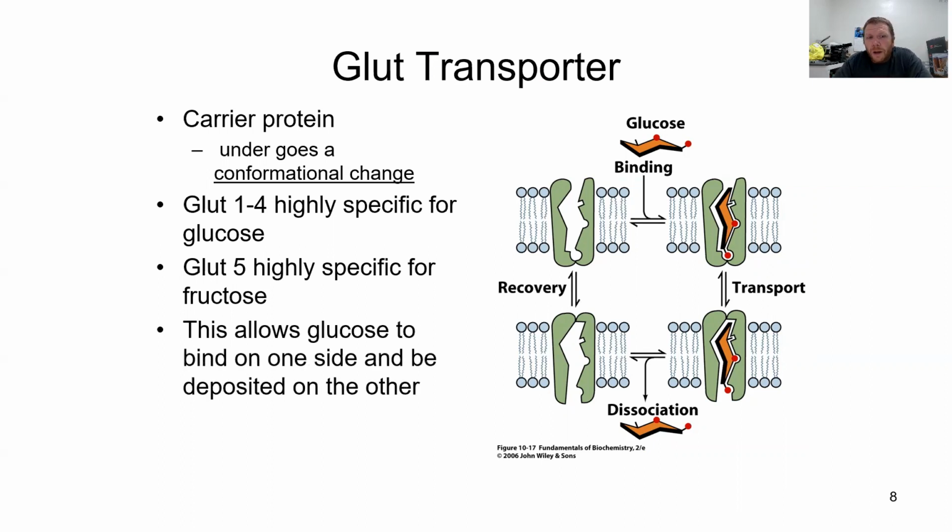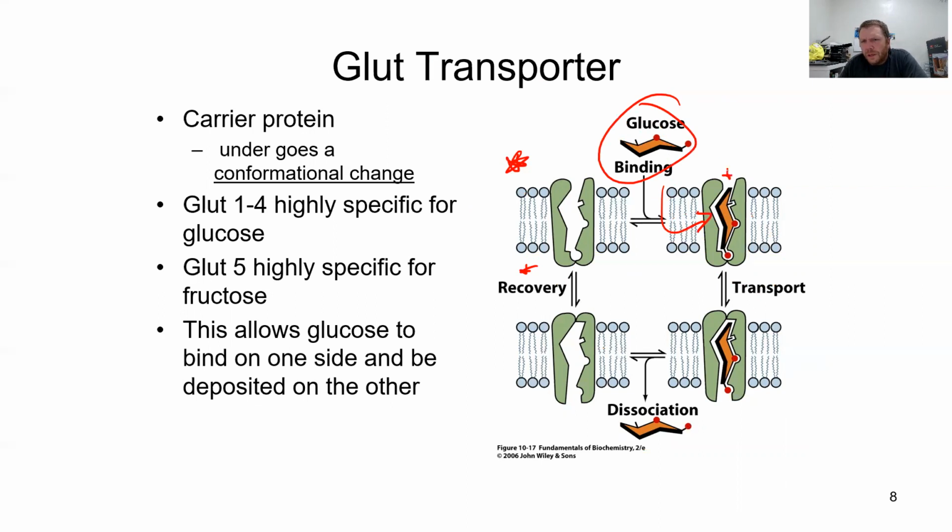This allows glucose to bind on one side and be deposited on the other. So we've got glucose on this side of the membrane, and we need it to get onto this side of the membrane. So glucose rolls in, binds. Then our protein undergoes a conformational change.